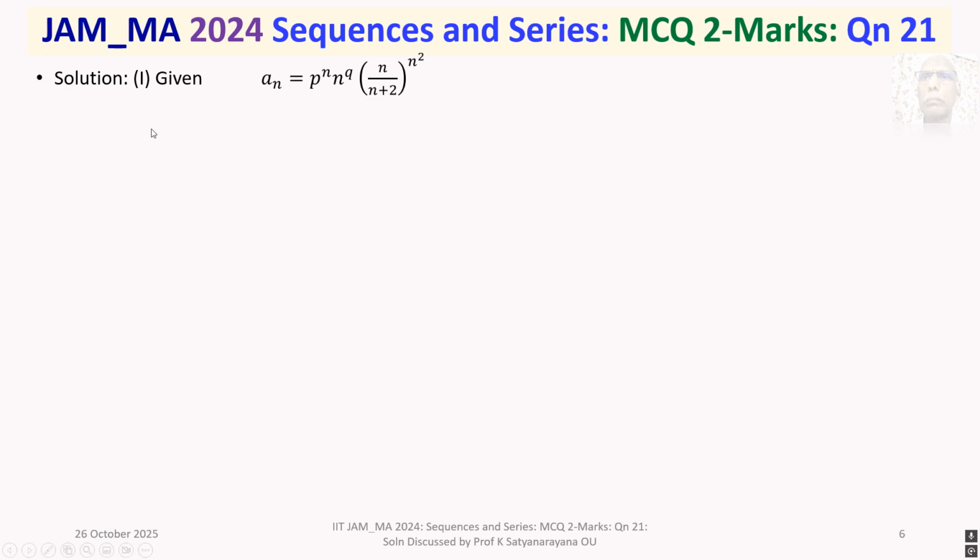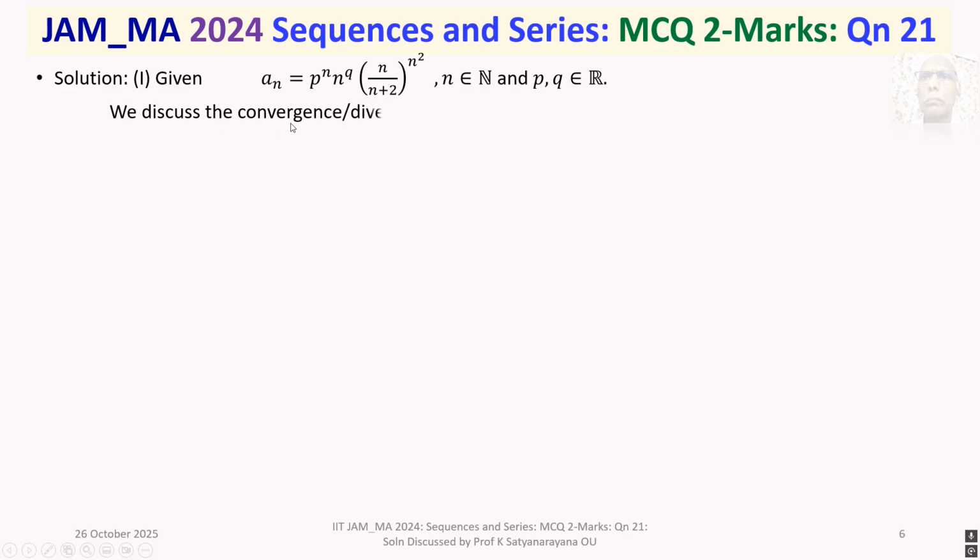First of all, take the first series. Given a_n is p to the power n, multiplied by n to the power q, multiplied by (n by n plus 2) whole to the power of n square, where n is a natural number and p, q are real numbers.